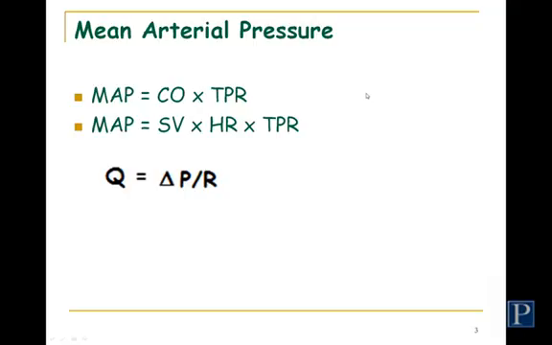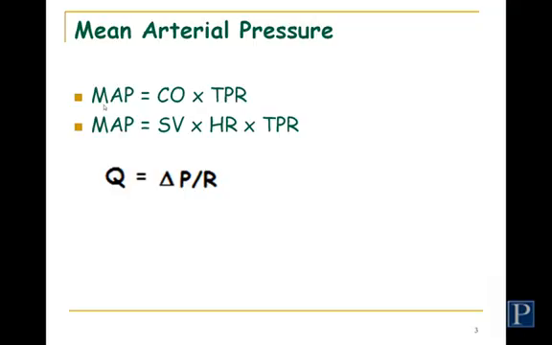If I increase total peripheral resistance, my mean arterial pressure will go up. If I decrease total peripheral resistance, my mean arterial pressure will go down. But if you increase cardiac output and decrease total peripheral resistance, mean arterial pressure may not change. I wonder in what scenario that may hold true.